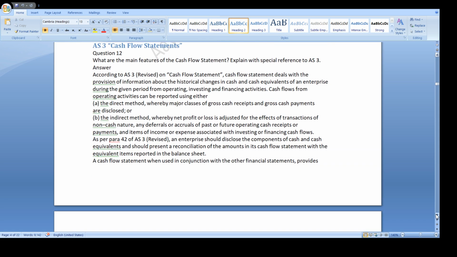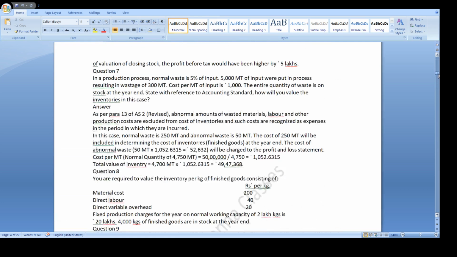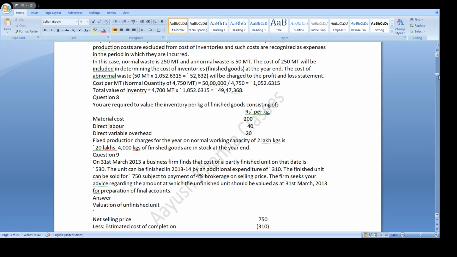Now these are some theory questions. Firstly, I'm preparing this book of all the content for both the groups of both the courses, that is old course and new course.